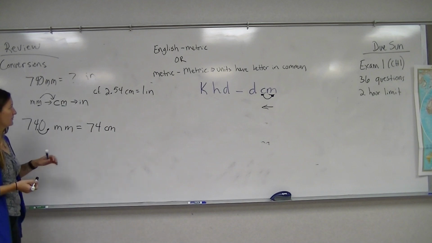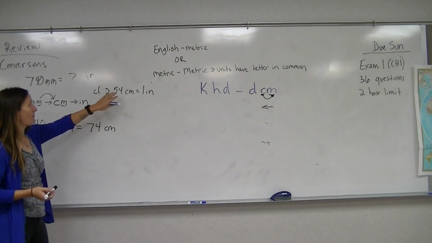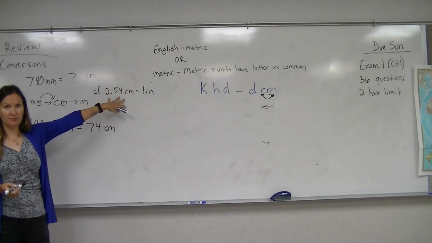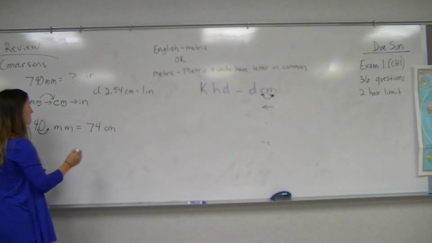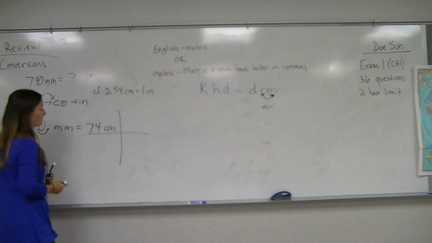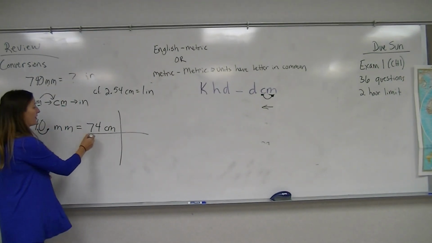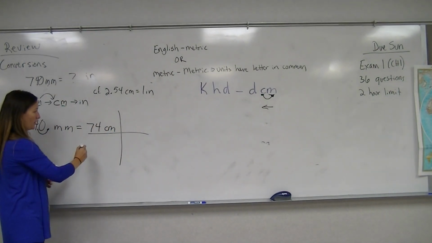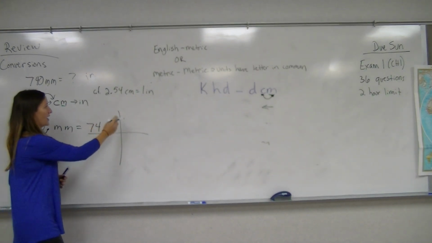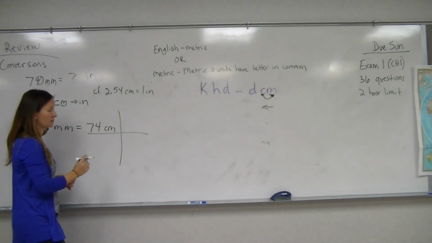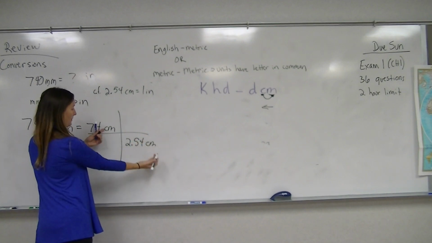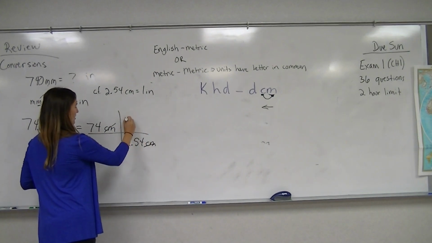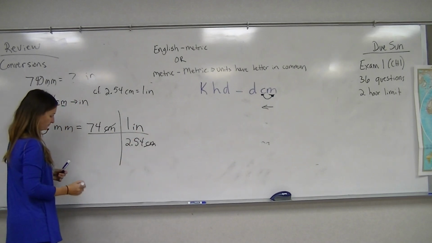At this point, I can use my English to metric conversion factor with my railroad track method. I'm starting with the centimeter version of the number because I need to cancel out centimeters. So I'm going to put my 2.54 centimeters on the bottom, on opposite sides of the horizontal line, and my 1 inch on the top.